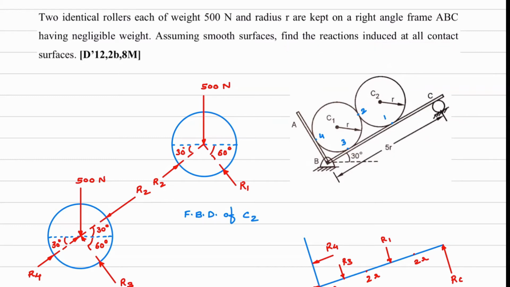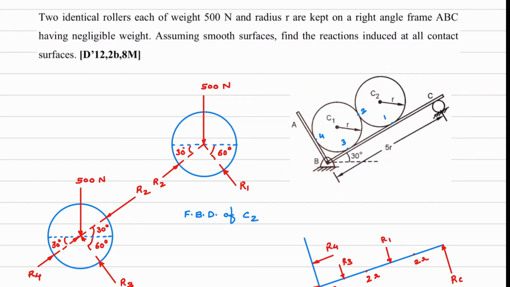Now if you see this frame, it has a hinge support at B and a roller support at C. When a roller support is there, there will be one perpendicular reaction, which will be RC. And at point B there will be two reactions, suppose this is HB and this is VB.